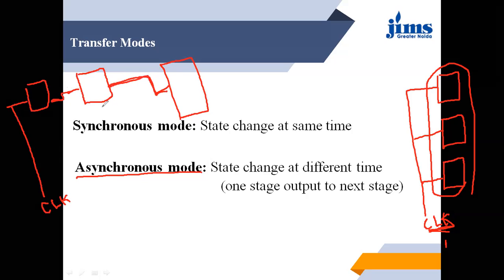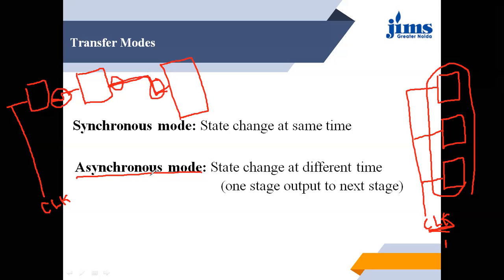So the value in this flip flop is going to be changed based on the output of the first flip flop. The value of the third flip flop is going to be changed based on the output of the second flip flop.